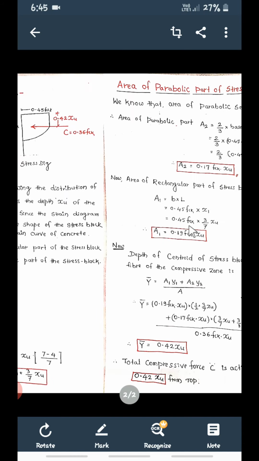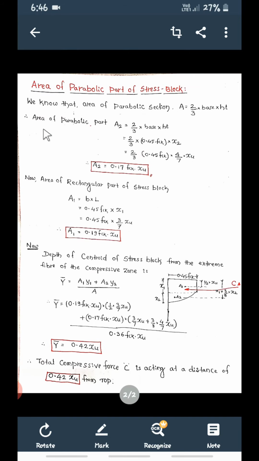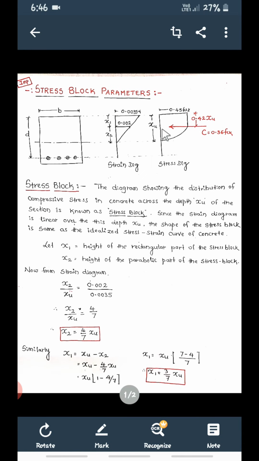But this total area can be divided into a rectangle and this small parabola. So first we'll find the area of this parabolic part, and this is the rectangle part.